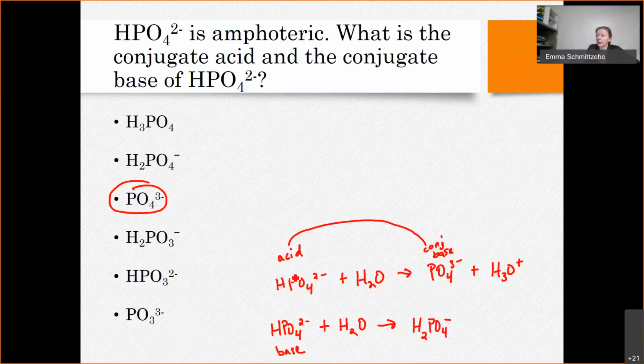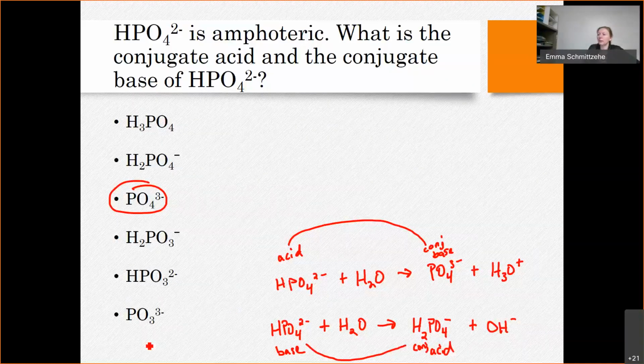Whereas in the other one, when I gave up the H plus, now I don't have the H at the end, and my charge went down because I lost a positive, so it becomes more negative. Okay, and then the water gave up that H plus, so what's left of the water is OH minus, okay? So in this case, if my HPO4 2 minus is the base, that means that my H2PO4 minus is my conjugate acid, okay?